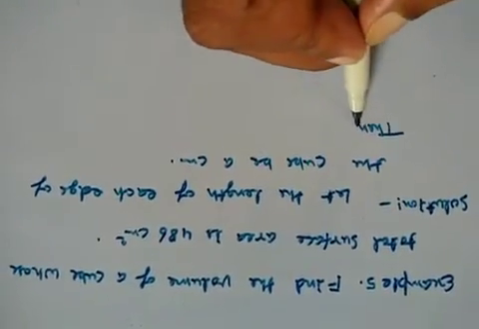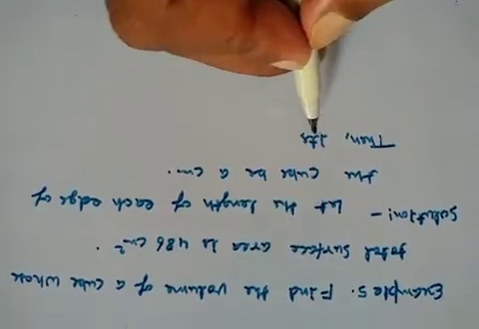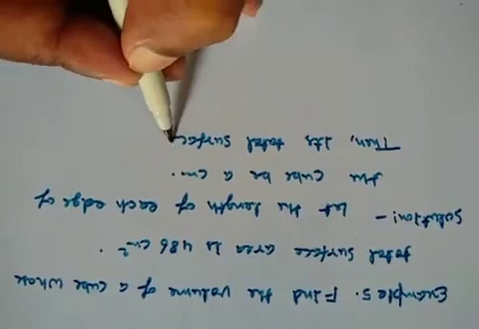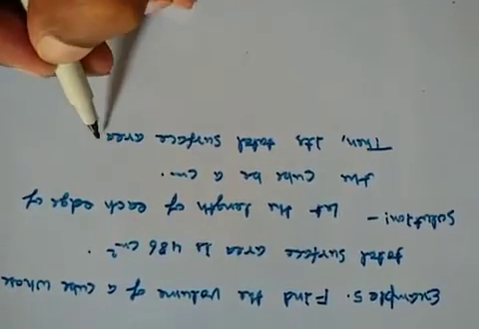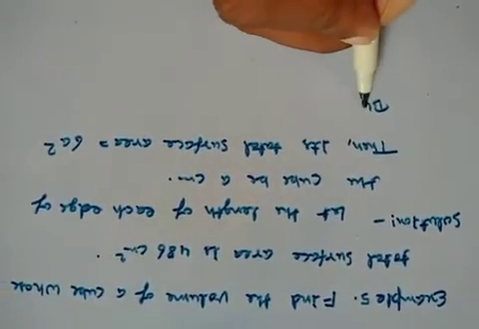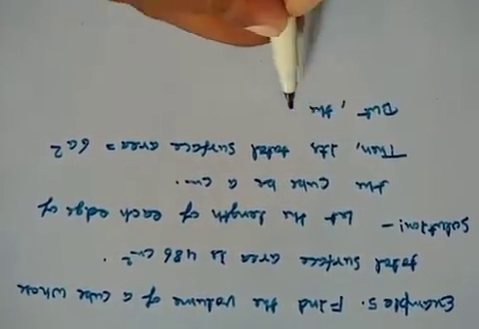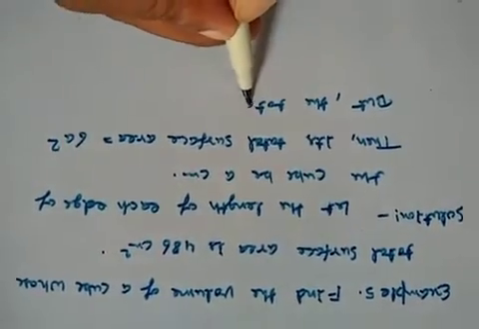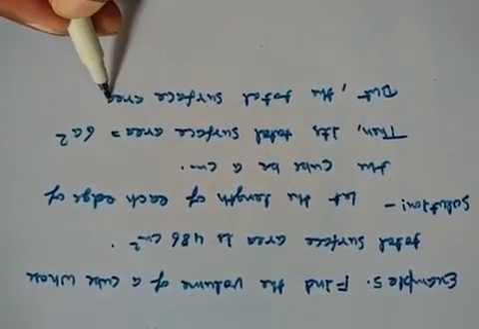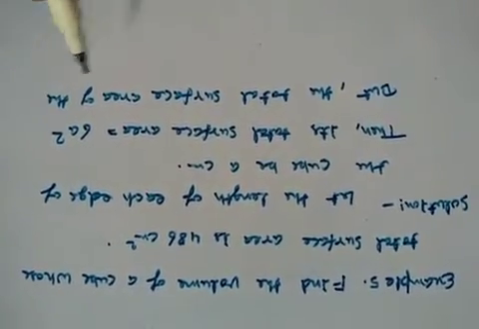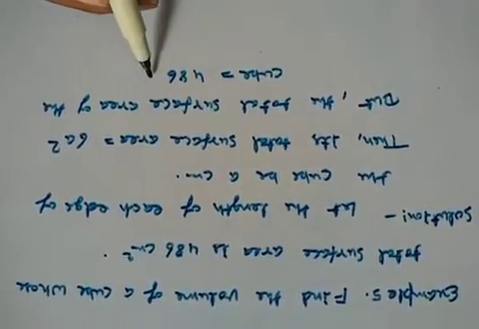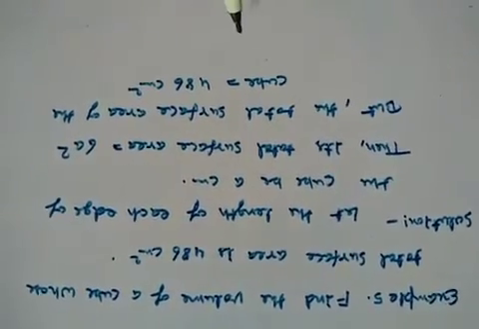Then its total surface area is equal to 6a square, but the total surface area of the cube is equal to 486 centimeter square, this is given.